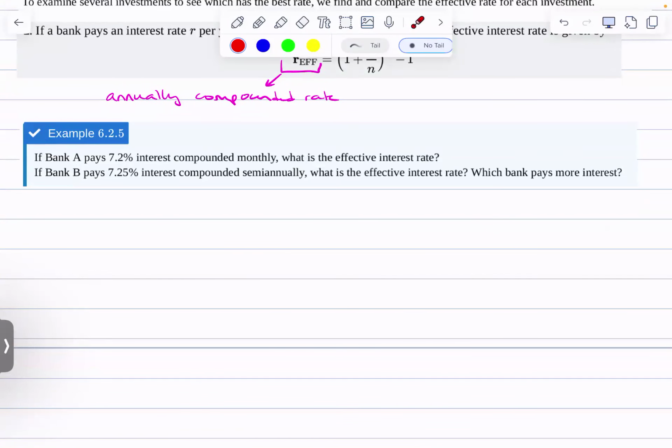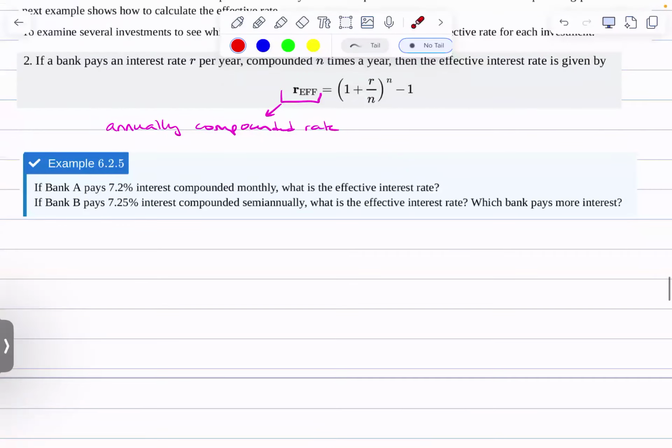If Bank A pays 7.2% interest compounded monthly, what's the effective interest rate? We want to find the effective interest rate. We don't need a lot of components to find it. We just need the rate and the number of compoundings.